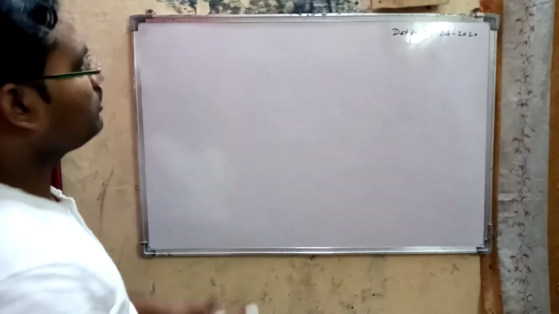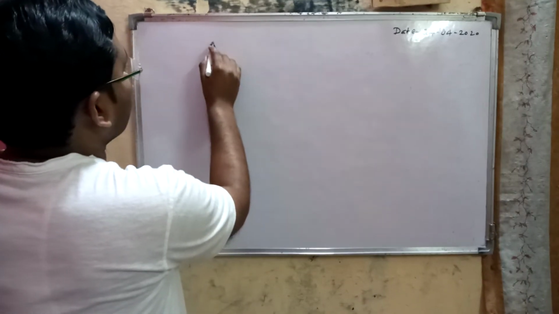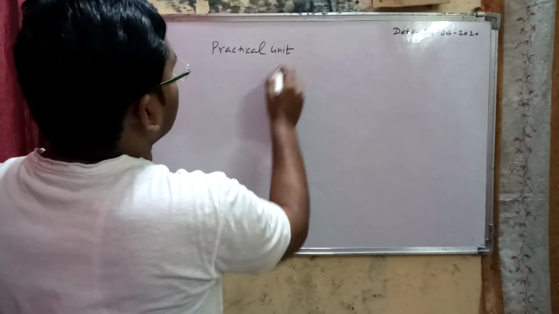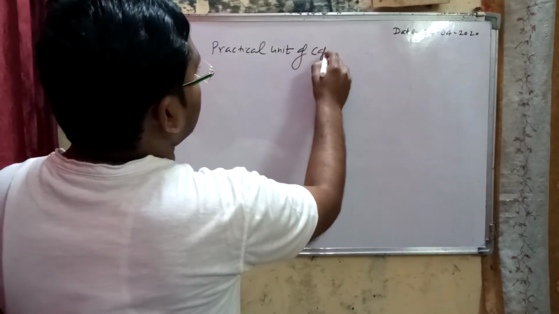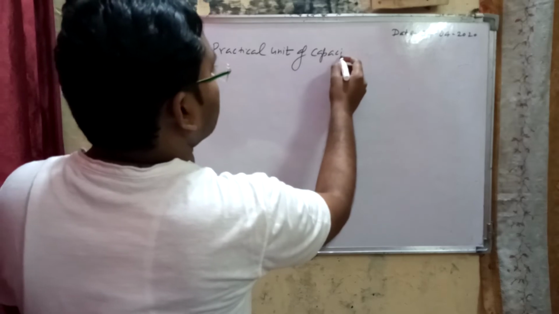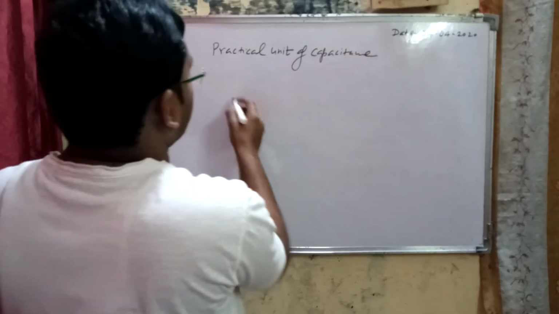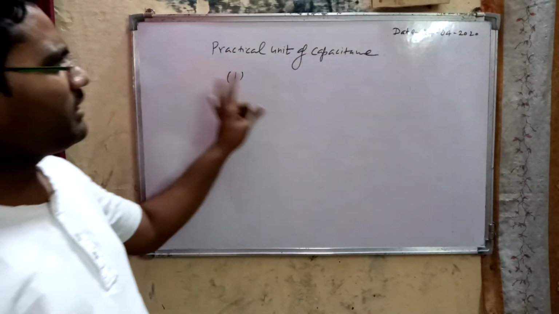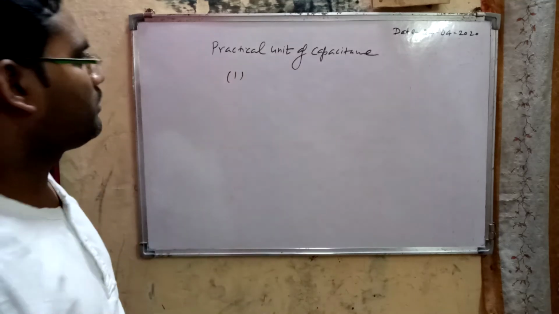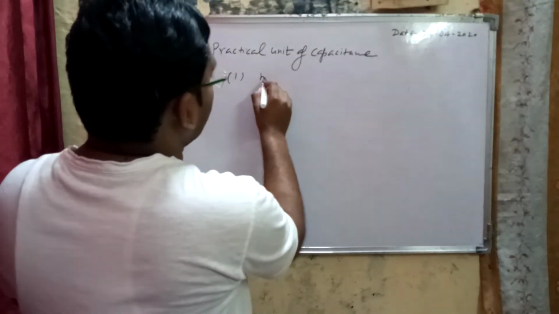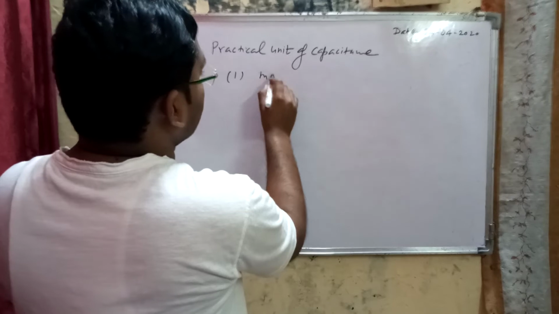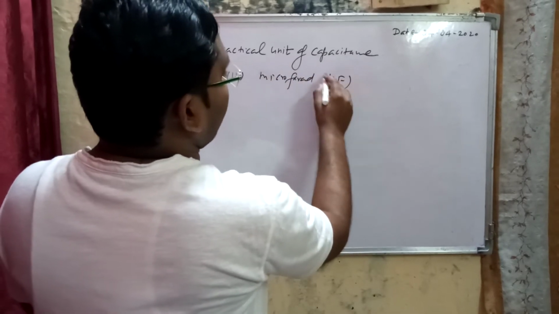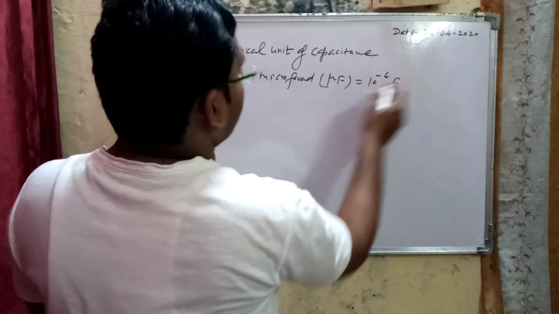Now here, the practical units of capacitance. These practical units are used in numerical problems. The first one is the microfarad, mu f, 10 to the power minus 6 farad.